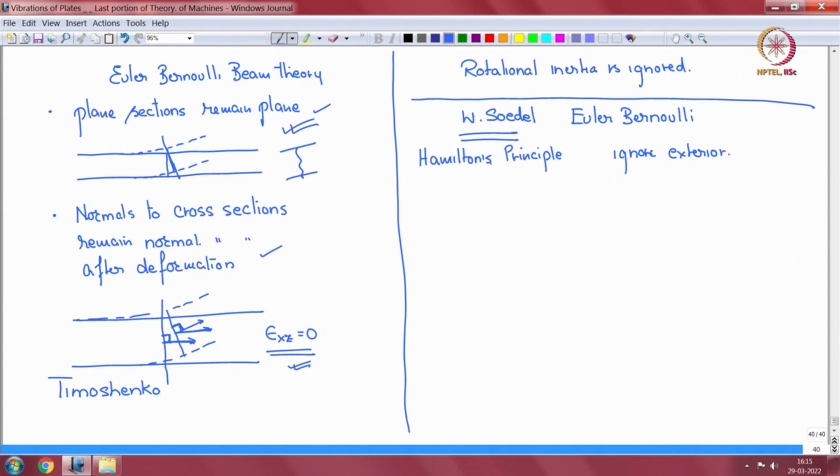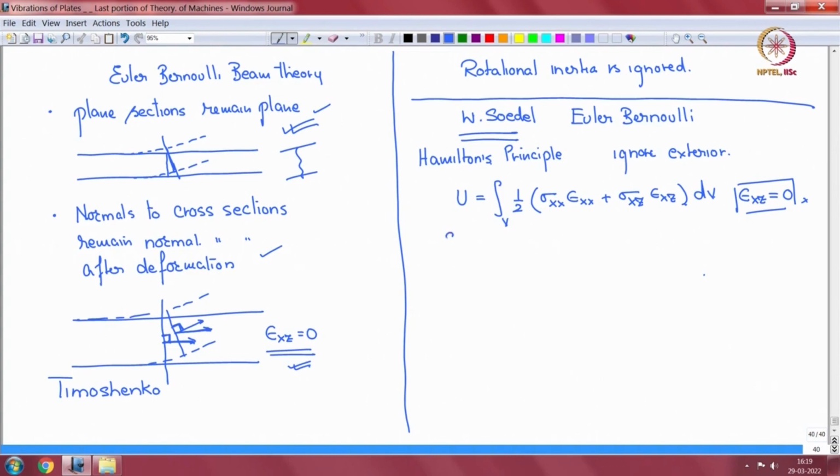So what we now begin with is the potential energy is given by U, which is volume integral 1/2 sigma xx epsilon xx plus sigma xz epsilon xz dV. Okay. So at this stage we don't enforce the fact that xz is 0. We don't do it at this stage.